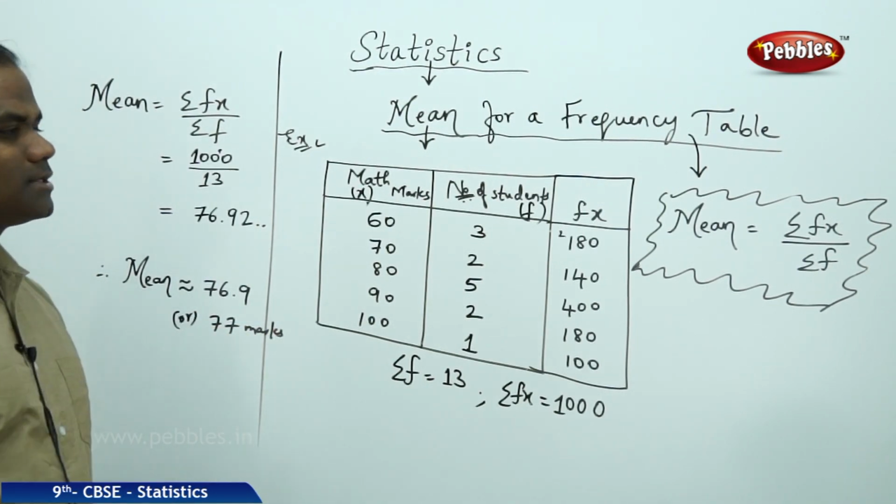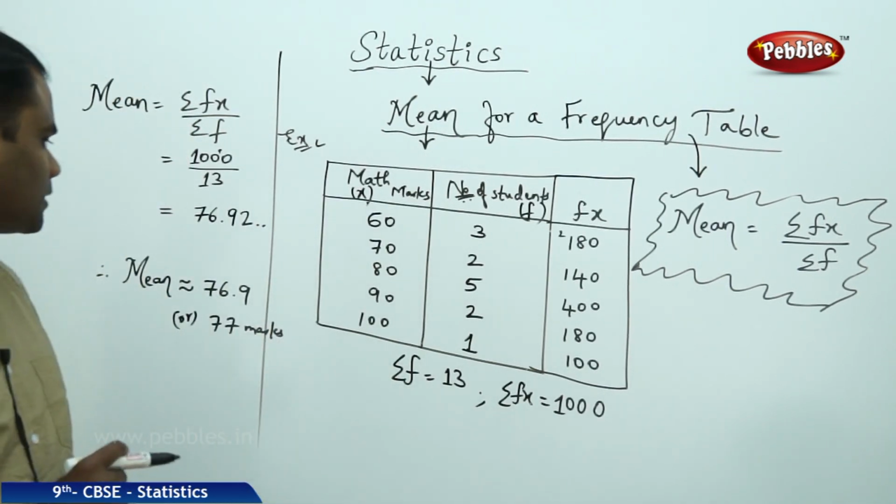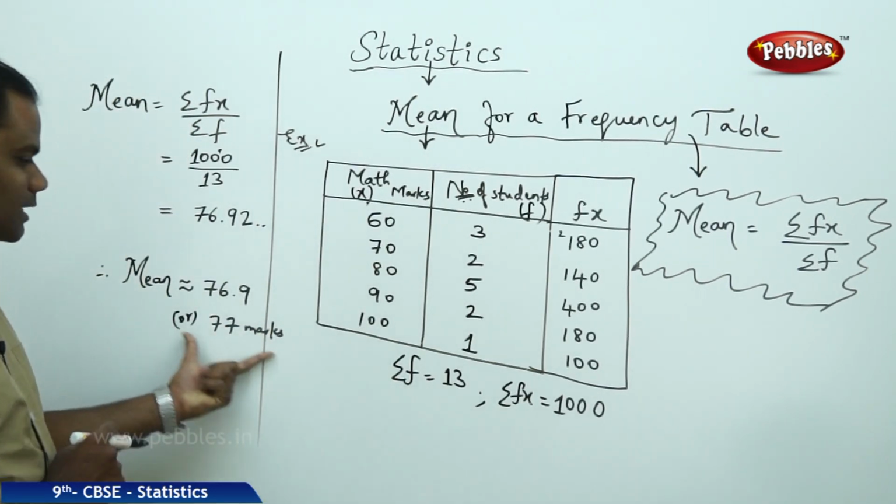So what does this make me understand? It makes me understand that the mean marks in the class is 77 marks.